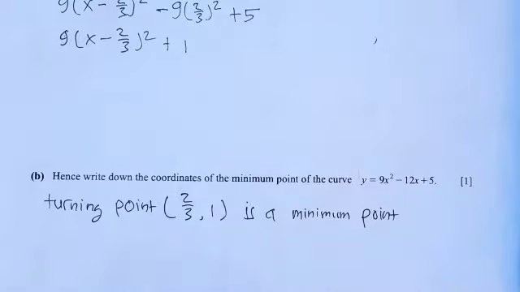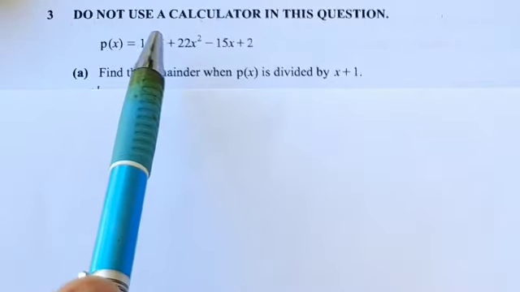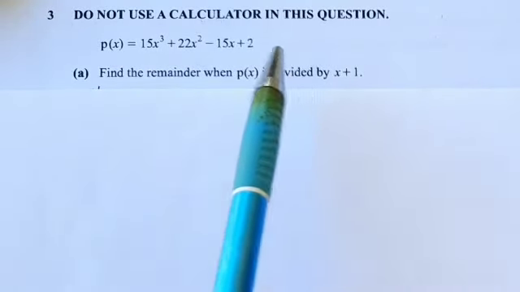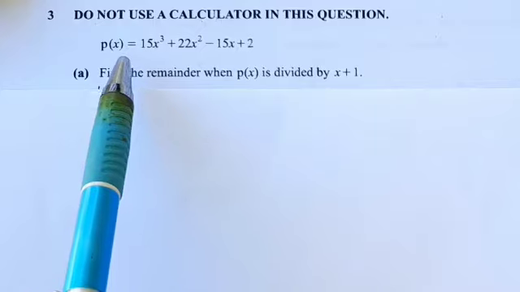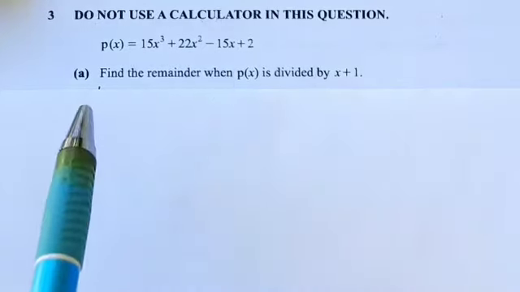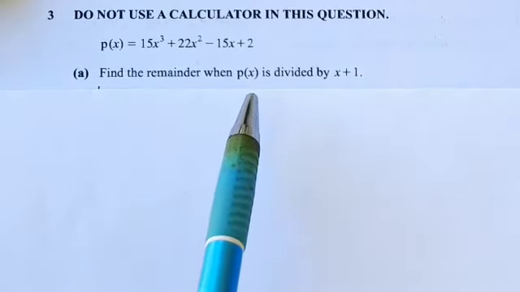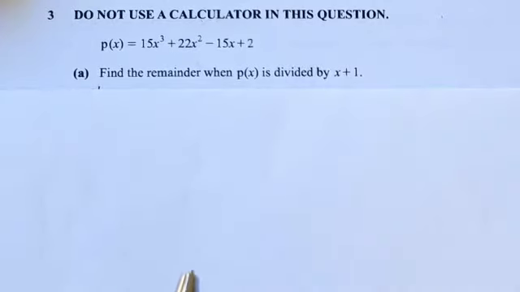Question number 3. Do not use a calculator in these questions. P(x) equals 15x cubed plus 22x squared minus 15x plus 2. (a) Find the remainder when P(x) is divided by x plus 1.